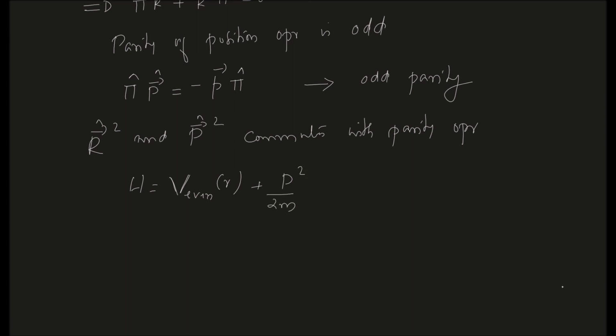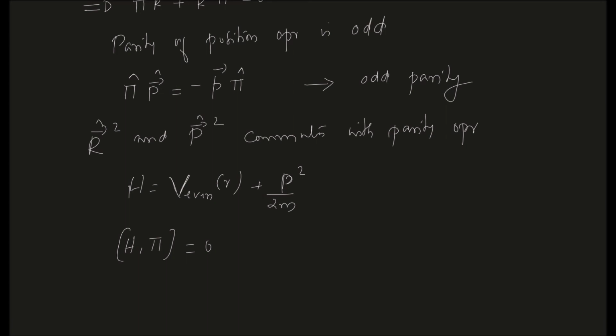Then this Hamiltonian will commute with the parity operator, because if you have an even potential, then p square commutes with the parity operator, and in such cases H commutes with the parity operator, right? So that means there exist simultaneous eigenstates for this Hamiltonian and the parity operator.